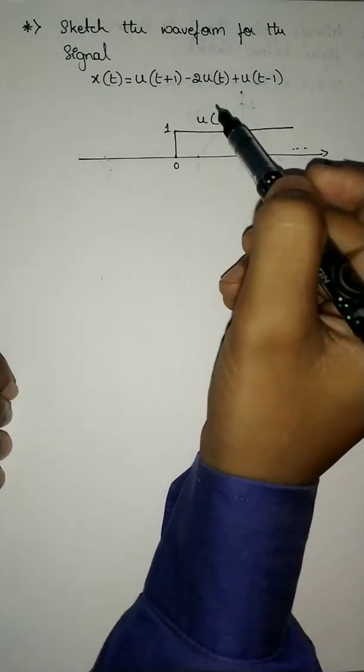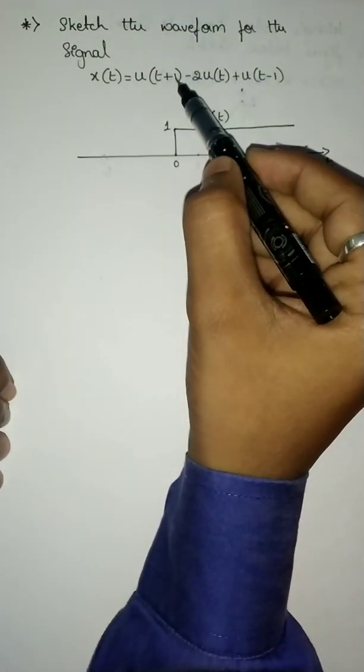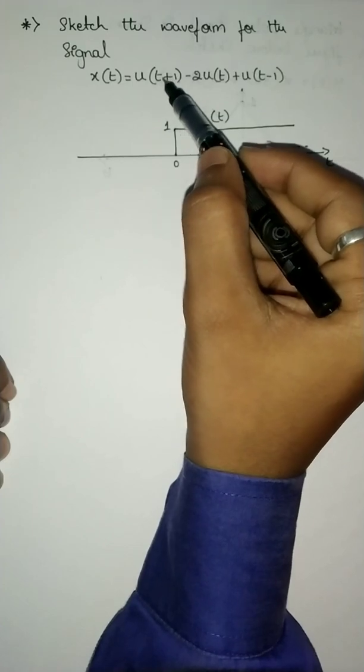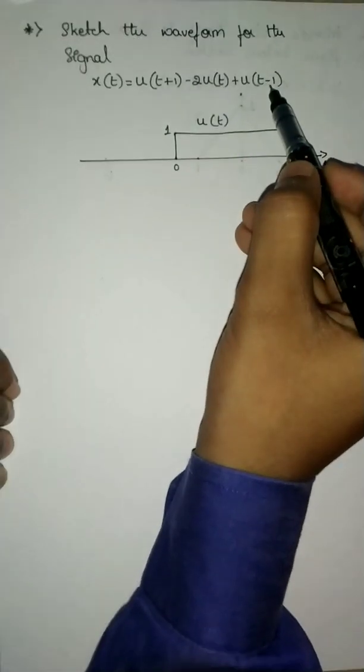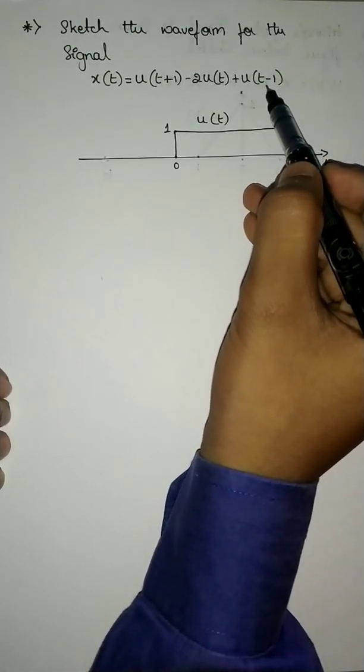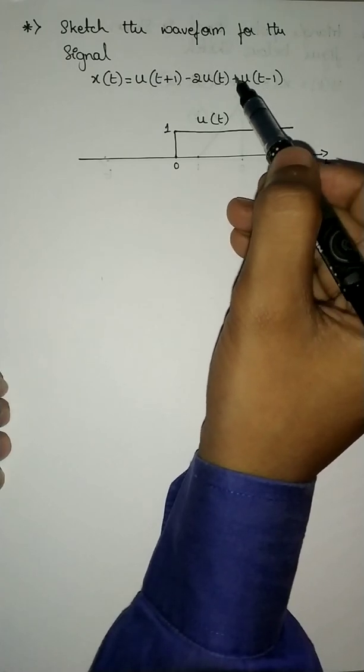Now u of t plus 1 is nothing but the signal advanced by 1 unit. U of t minus 1 is nothing but the signal delayed by 1 unit.